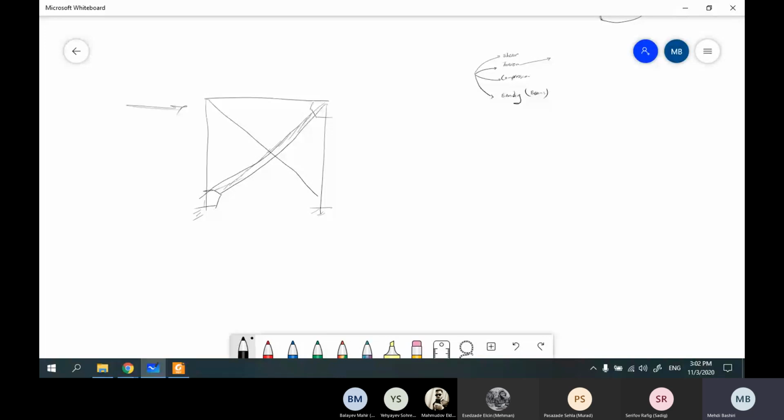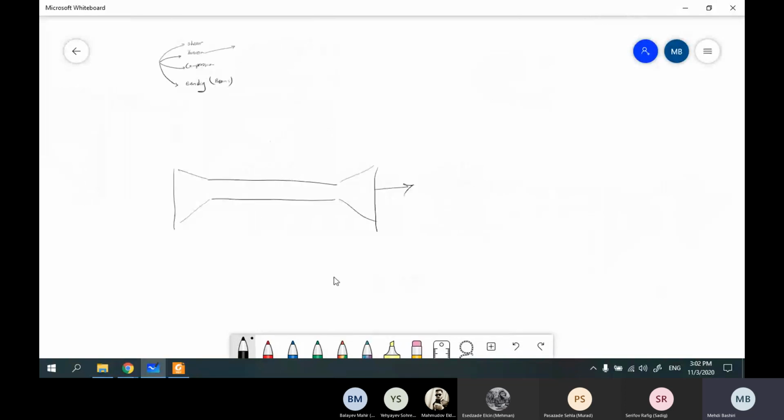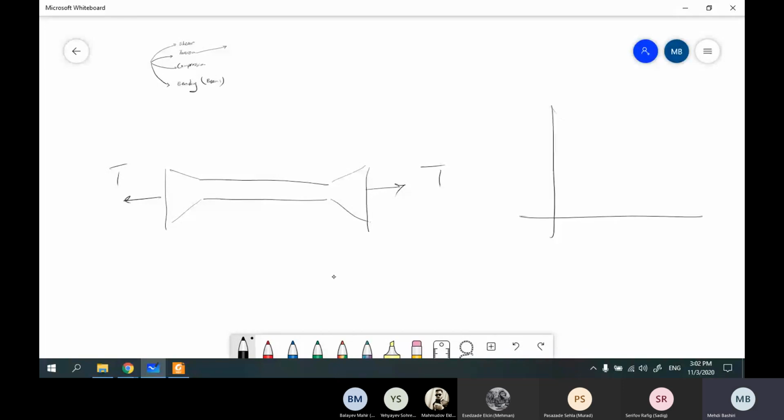I showed you once that there are two main types of failure. Suppose that this is a member and we are applying tension. This member is subjected to tension. We show tension with T. If you remember this curve, the first failure is here, yielding. And the second one is here, rupture.